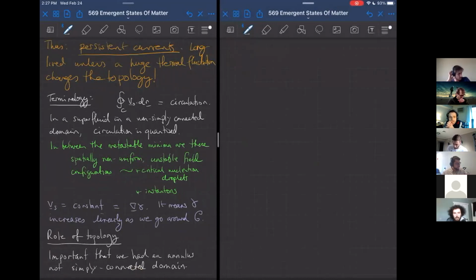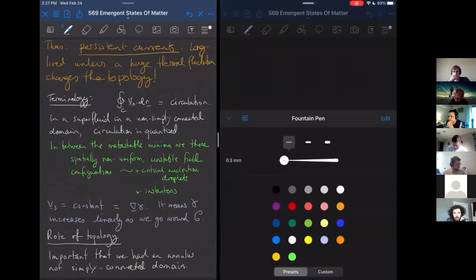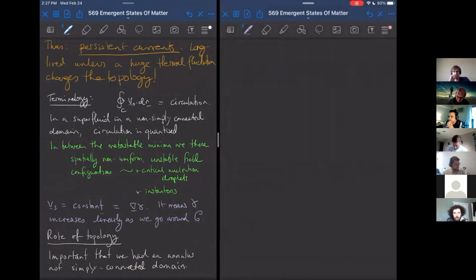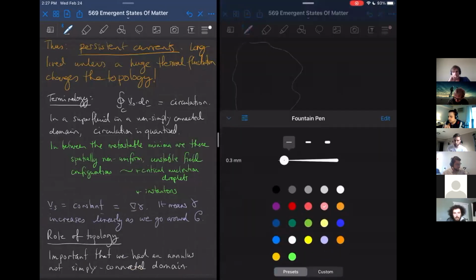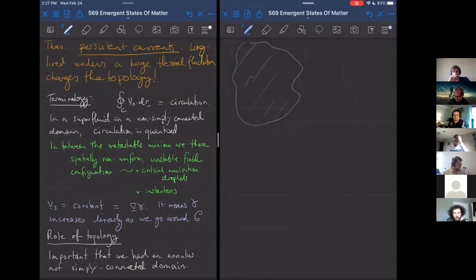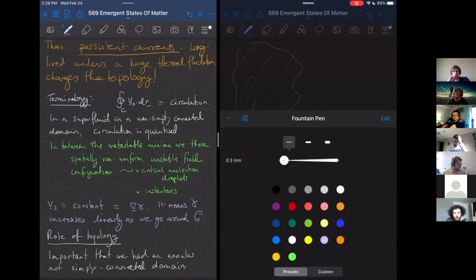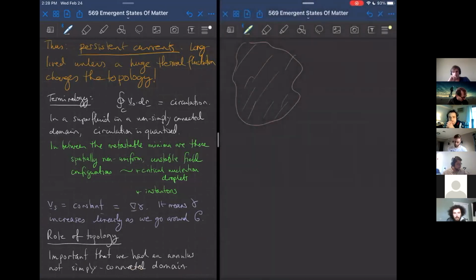Suppose I have a region of fluid. So here's my fluid, and now let's suppose I draw my curve through this.